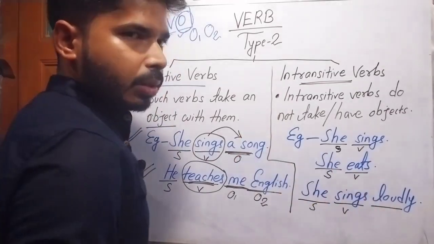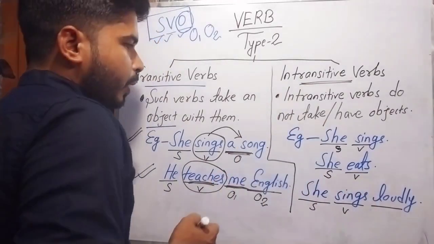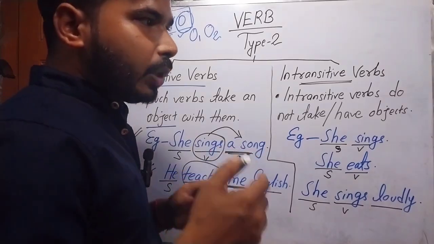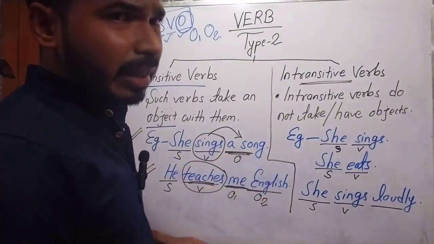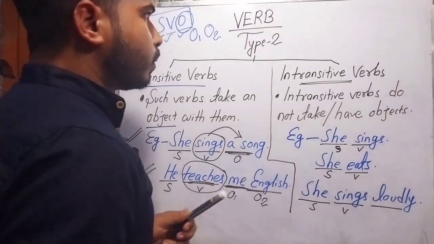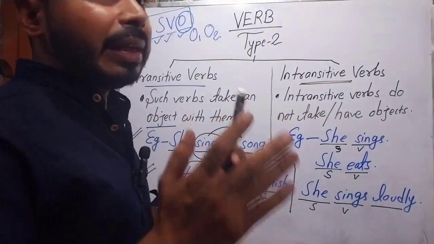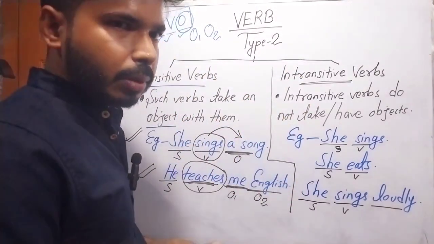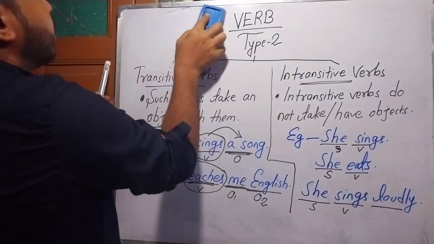This is the confusion, whether loudly is an object or not. Then, to identify an object in a sentence, we need to have a clear idea about what an object is. Okay, what is an object? This is necessary to understand. So let's understand what an object is, or how to identify an object in a sentence. Okay, so let's erase the above part.